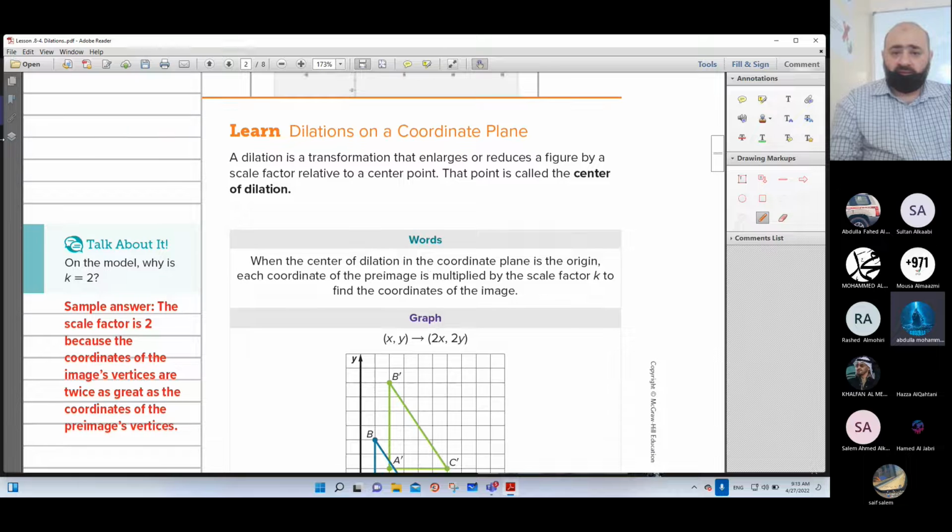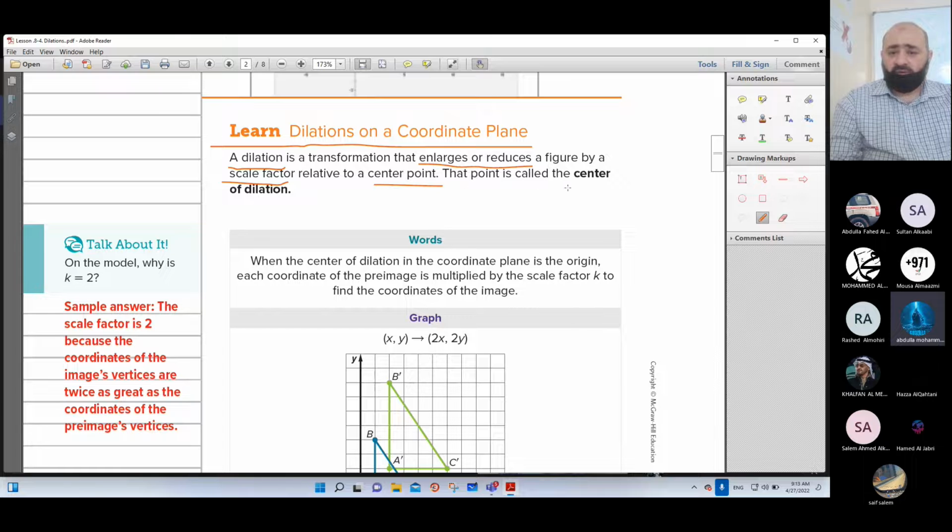The second idea in this lesson, we want to learn dilations on a coordinate plane. A dilation is a transformation that enlarges or reduces a figure by a scale factor related to a center point.